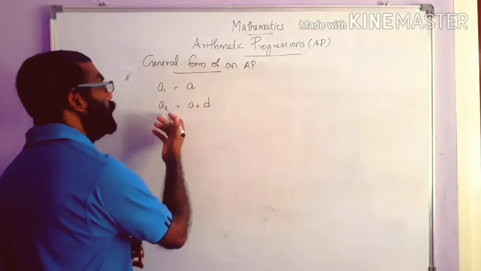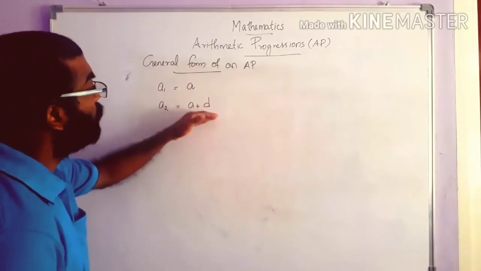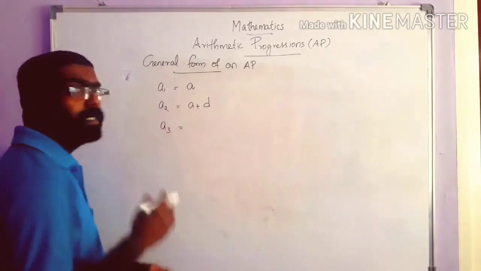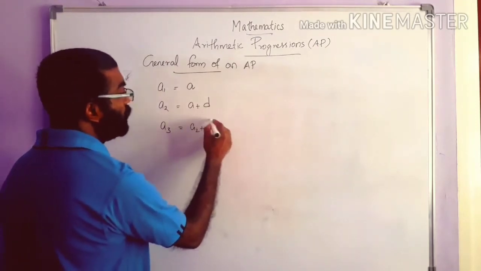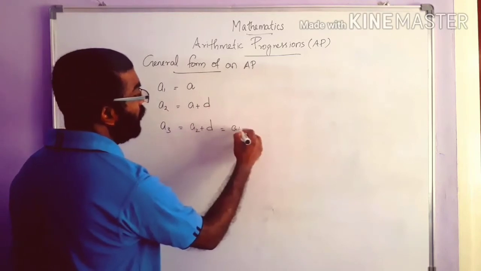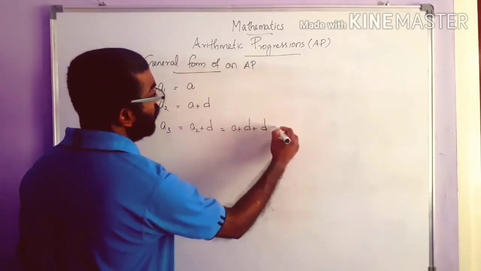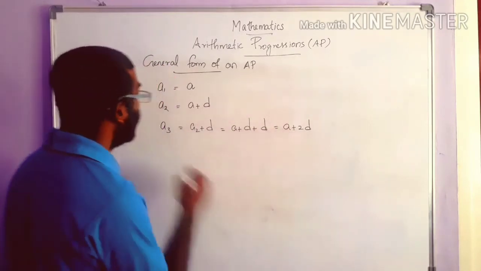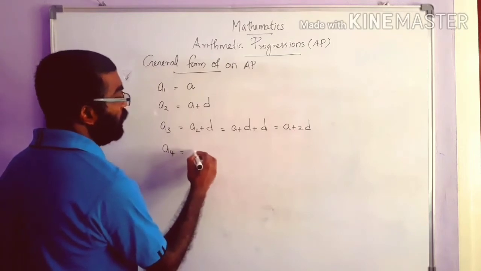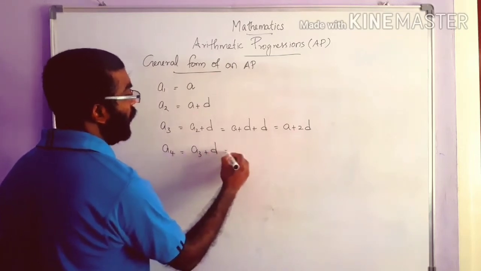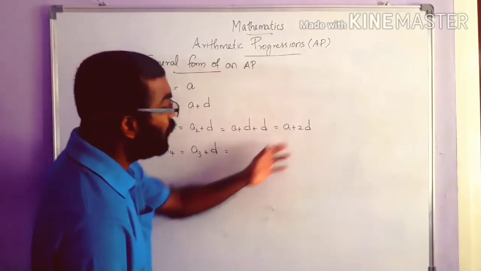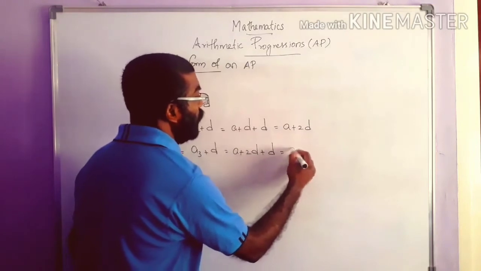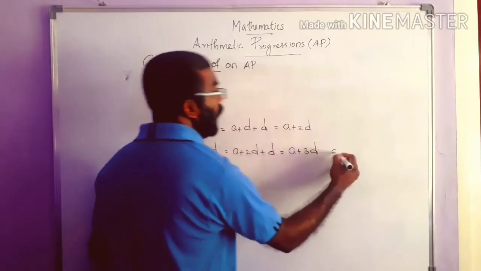So in order to get the second term, we have to add the common difference to the first term, that is A plus D. And A3 is equal to the second term plus D, that is A2 plus D. Here A2 is A plus D, so A plus D plus D, that is A plus 2D. So the third term is A plus 2D, and the fourth term is the third term plus D, that is A3 plus D, and A3 here is A plus 2D, so A plus 2D plus D, which is equal to A plus 3D, and so on.